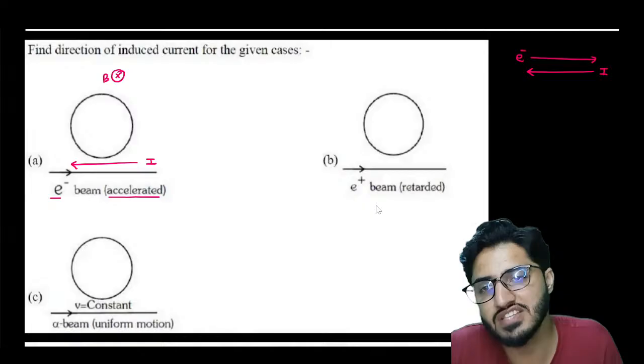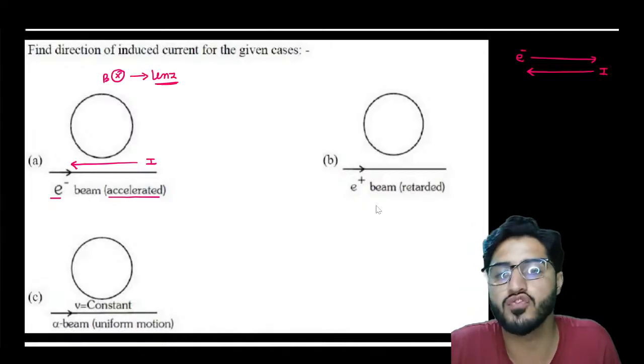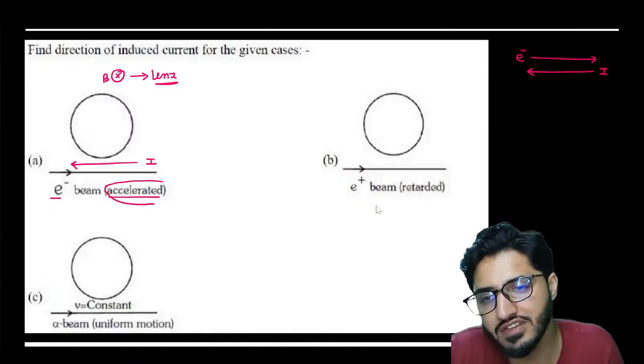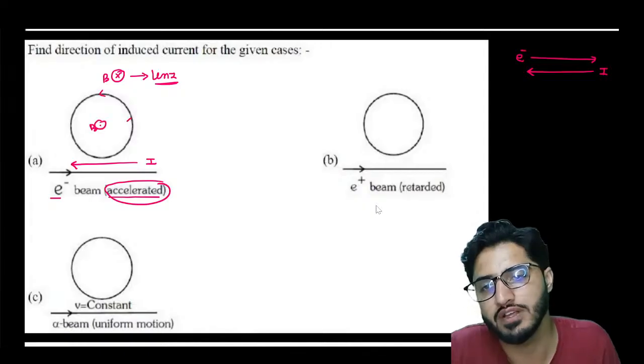If it is inside, Lenz's law will try to oppose it. It is accelerated, that means it is increasing. Increasing means it should be dot. What is dot now? Anti-clockwise.